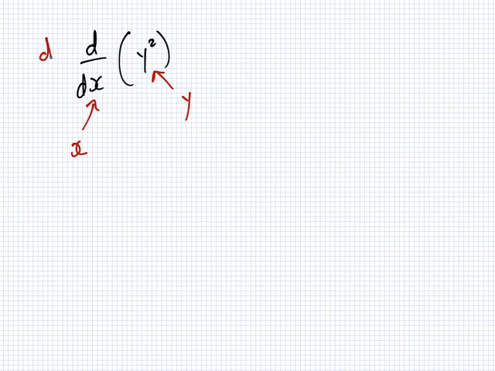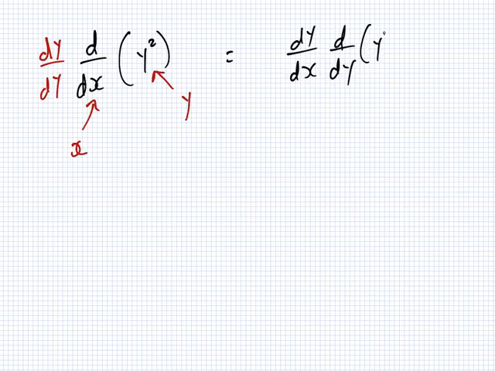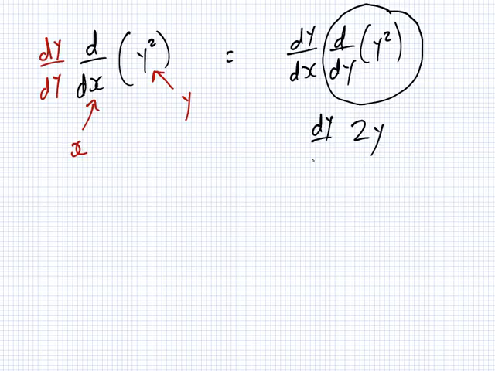If you multiply by dy/dy, that's like multiplying by 1. dy times dx is the same as dx times dy, so I can swap these. And what I've done is I've fixed it. Now, this is with y. So what's the derivative here now? Well, that is 2y. But we have an extra dy/dx.